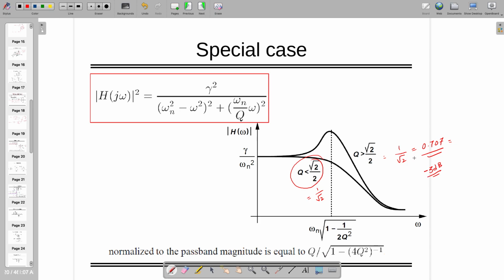And if your quality factor is less than 1 by root 2, the system is smoothly going towards higher frequency, so this is known as critically damped, right? And accordingly, if it is much lower than this, then it's over damped, and this one is under damped, because you can still observe some damping, right?